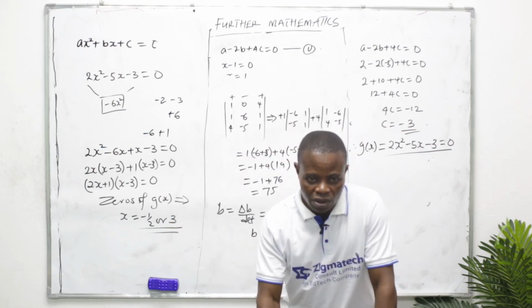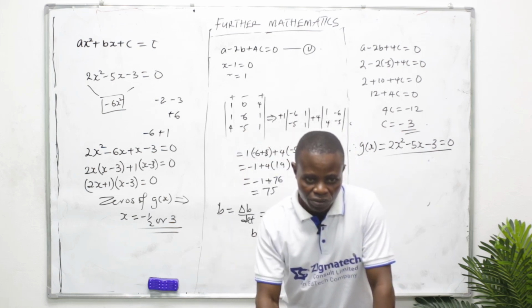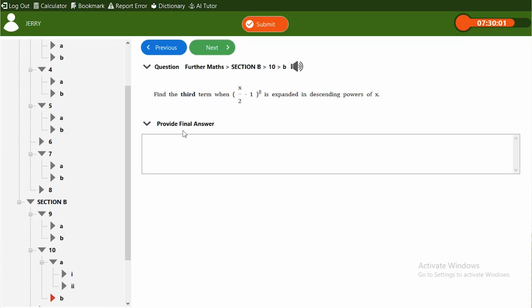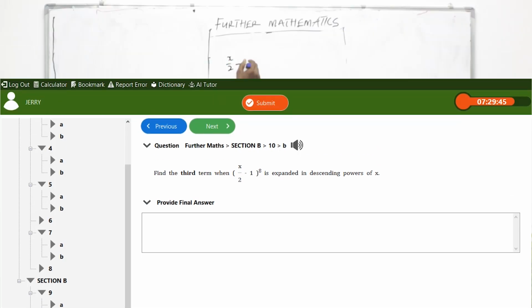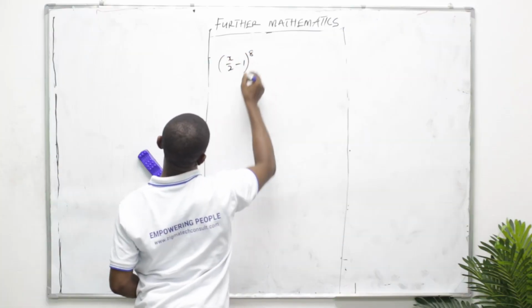So the next question goes this way. Find the third term when this is expanded in descending power. Okay, let's expand that to get the third term. Okay, this is x over 2 minus 1 raised to the power 8.